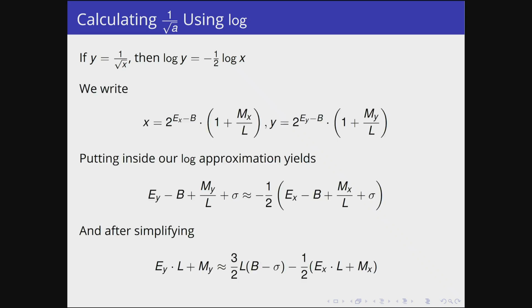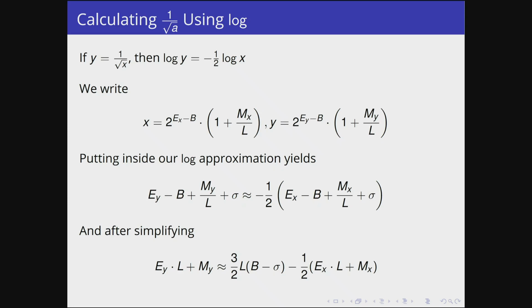And now we can put in the logarithm approximations that we got, and we get that the exponent of y minus the bias plus the mantissa of y over L plus sigma is roughly minus half the exponent of x minus the bias plus the mantissa of x over L plus sigma.